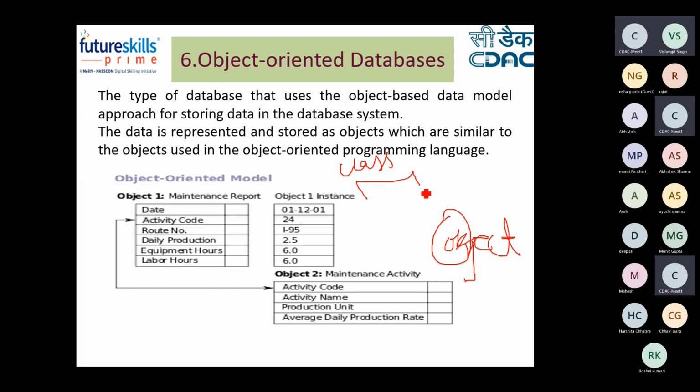Suppose here I have a class of shape. Now under this class there may be different objects, like triangle. A triangle is a shape; it can have three edges. Square is also an object. After that, hexagon is also a shape.